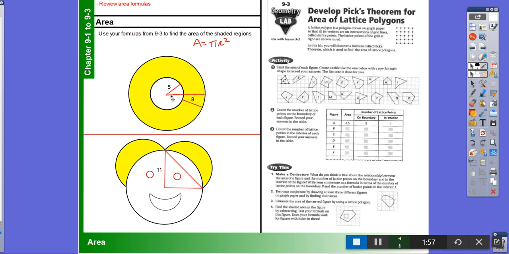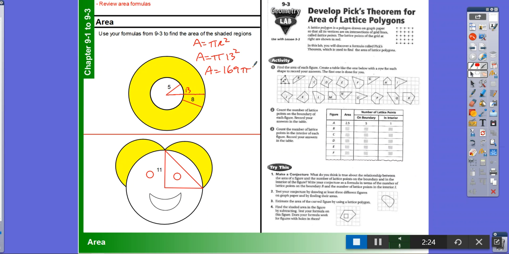All right, so this distance here is 5. 5 plus 8 here, 5 plus 8 is 13. So I know that this distance here is 13 units long. So the area is equal to pi times 13 squared. 13 squared is 169. So the area is equal to 169 pi.